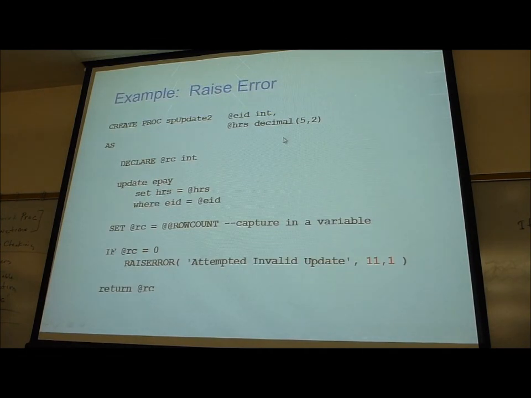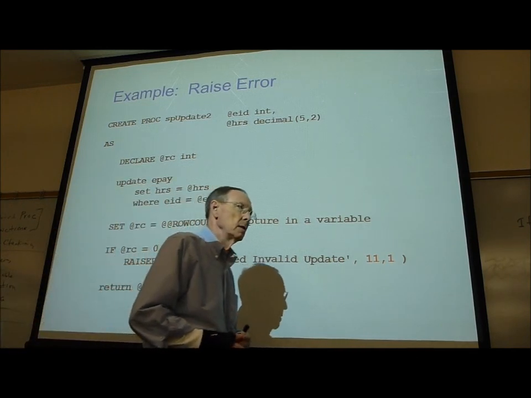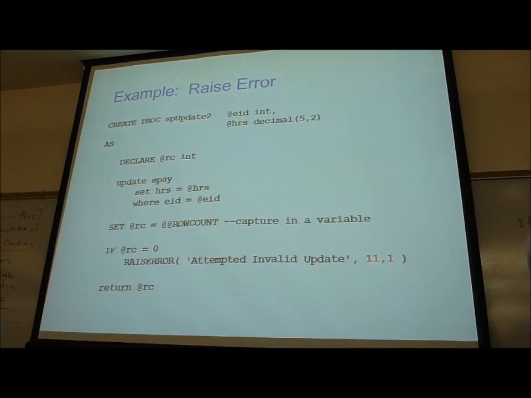So I got an example for doing that. Here's my little example of raising an error. This is the case where I had the update here. Here I'm going to use my stored procedure to update a record. But I need to know, did it get updated?